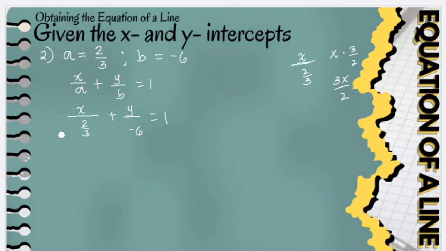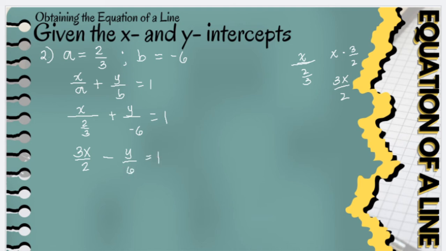So, ibig sabihin, para ma-simplify natin ito, babaliktarin lang natin ito. Yung denominator nung number na nasa denominator ay ilalagay natin sa ating numerator. So, that is 3x over 2. Okay? So, positive and negative, gawin na natin itong minus y over 6 is equal to 1.